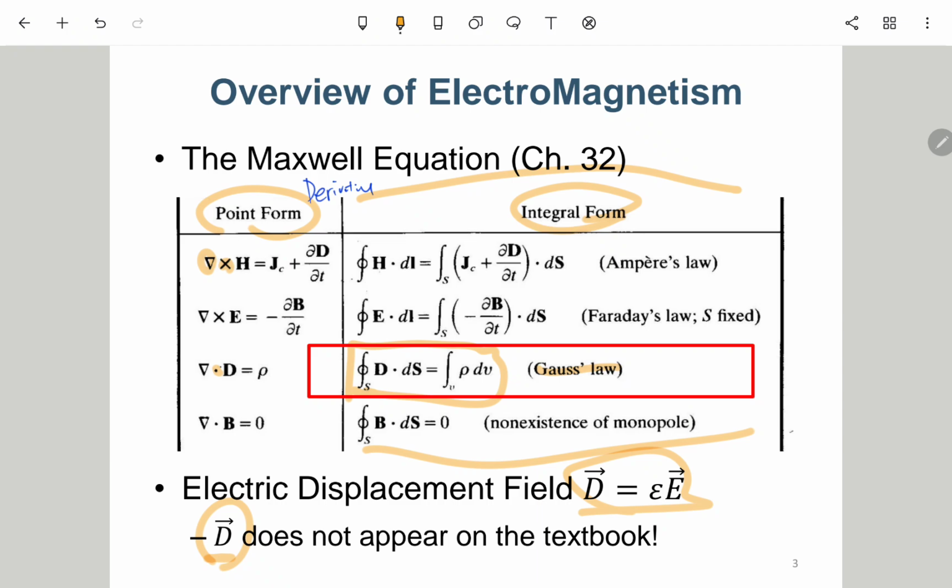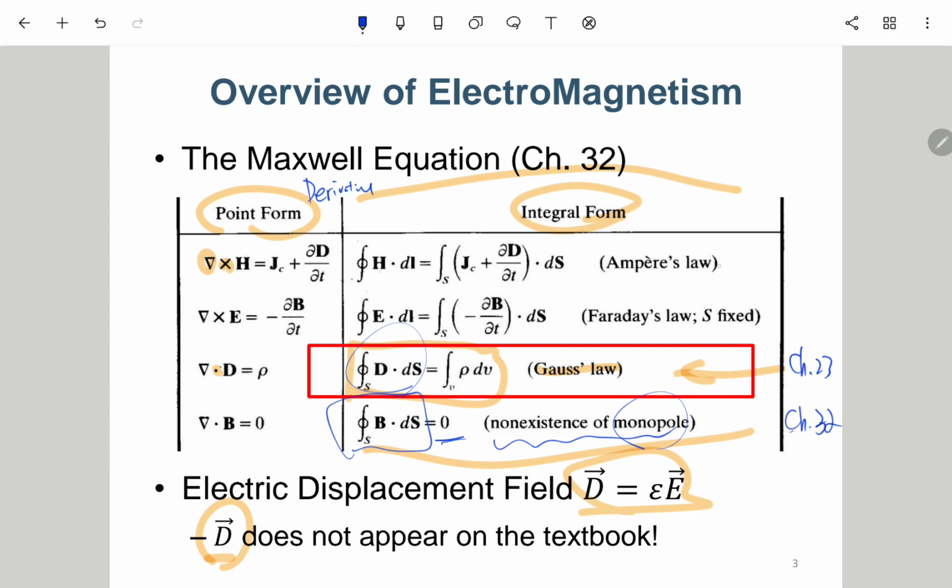So here is just to let you know, in the Maxwell equations we have 4 laws. This one we will learn in chapter 23. Then this one is another Gauss law for magnetism. The expression on the left side is similar, but the right side is 0 because there is no magnetic monopole, 没有磁单极. We will cover it in chapter 32.